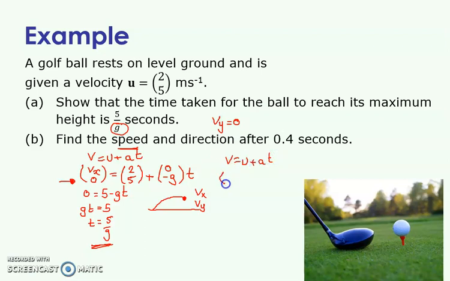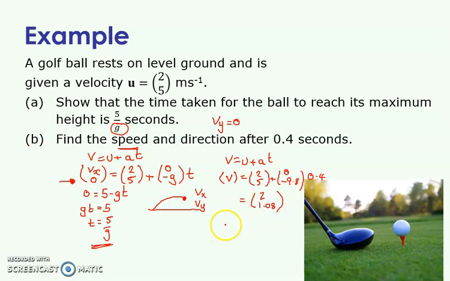I want my V, so I'm just going to write that as V. Equals U, 2.5 plus 0, or minus 9.8 this time, times by 0.4 seconds. So this will equal 2 and 1.08 if you do it on your calculator.